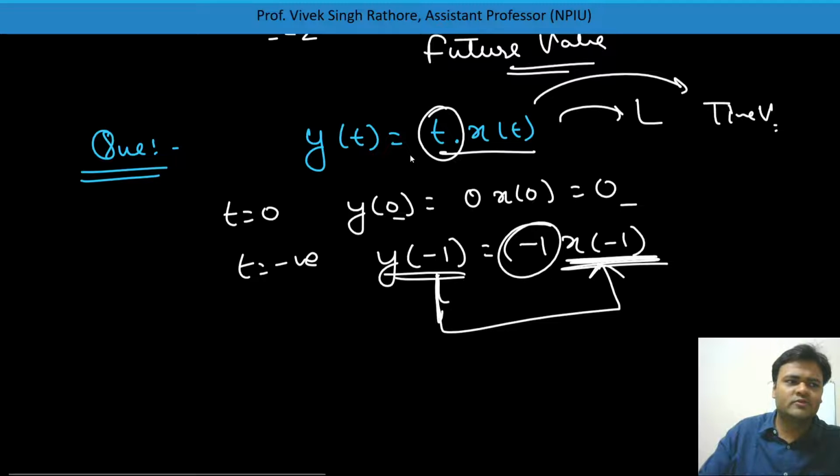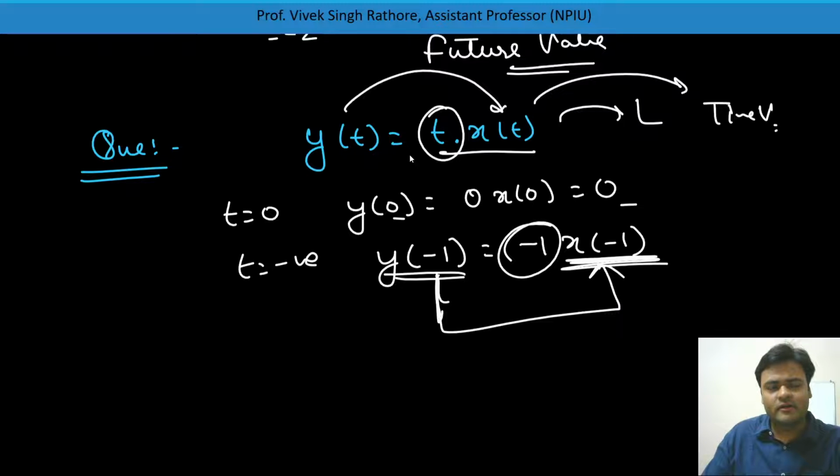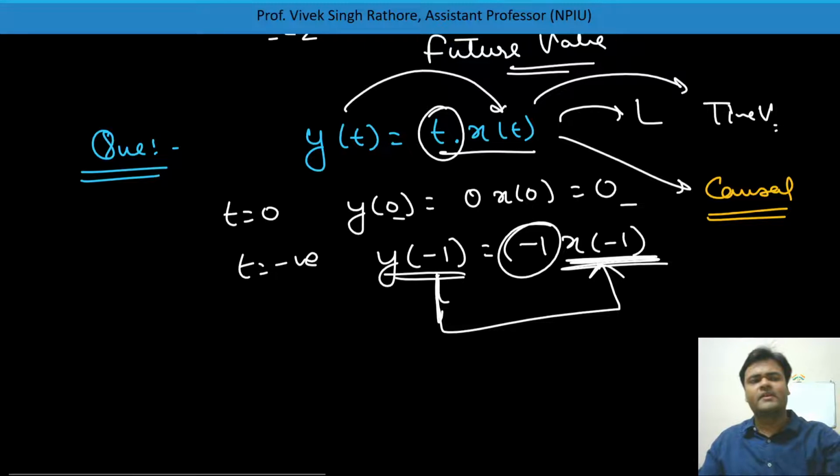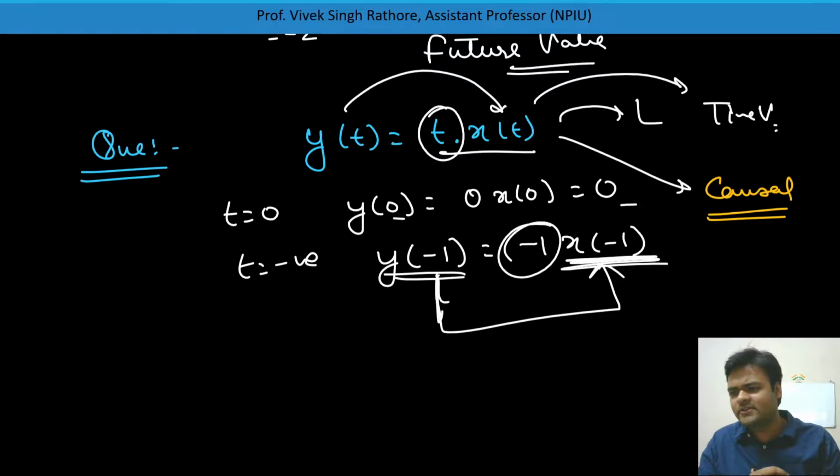So this type of system can be blindly called a causal system. Now you can understand that causal or non-causal is not a very big problem. If it is depending upon a future value, it is a non-causal system, otherwise it is a causal system.